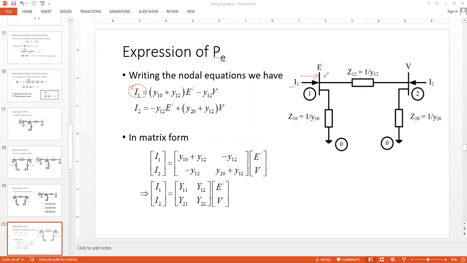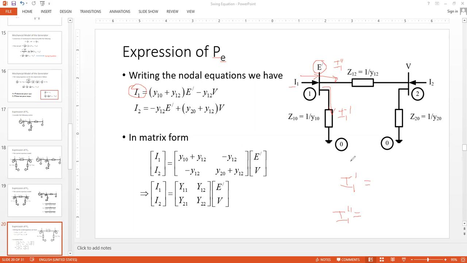How much will be the current here, considering the voltage is E dash at this node? I1 would be the summation of this current and this current. Let's say this is I1 double dash and this is I1 dash. What would be I1 dash, and what would be I1 double dash?